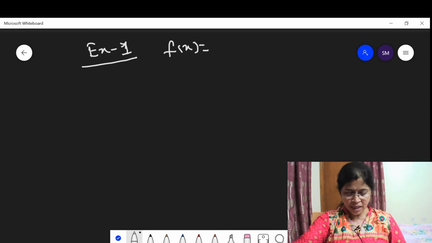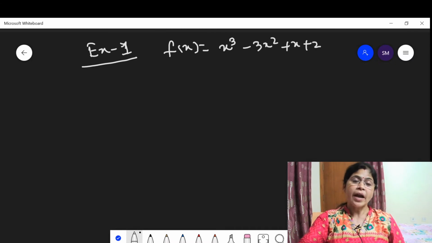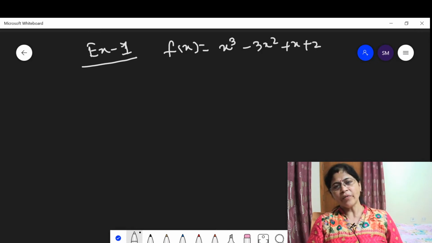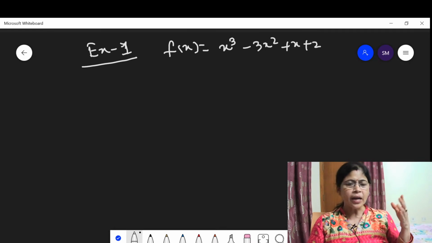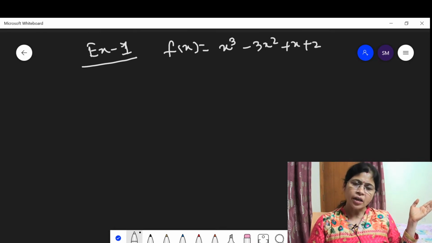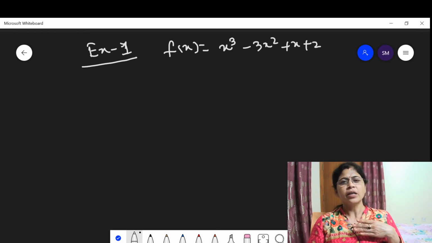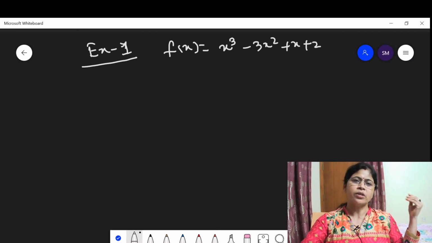Here the question says that f(x) is equal to x cube minus 3x square plus x plus 2, and it is a very important factor when you start the division that at first you keep the polynomial in descending order of its powers, meaning here in f(x), x cube, then x square, then x.